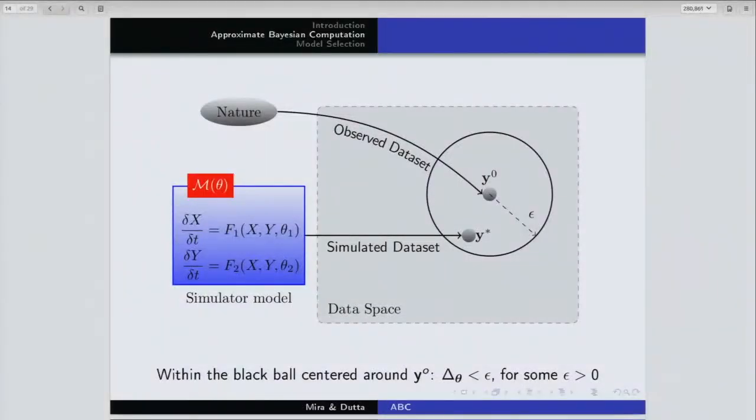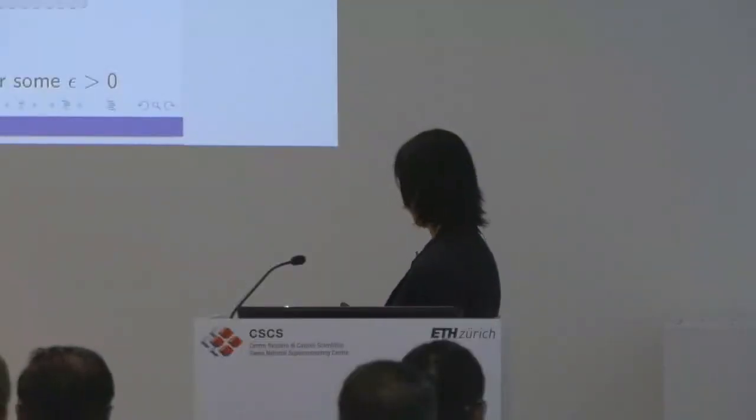Now, we can prove that those values of theta that we have retained form an approximation to the posterior distribution. And therefore, we can use them to do statistical inference, both point estimation, confidence or credible intervals, hypothesis testing, and even model selection, if instead of having a single model, you have more than one possible model for the data.